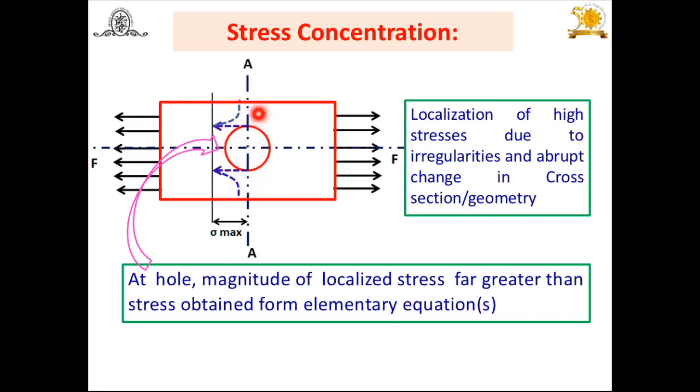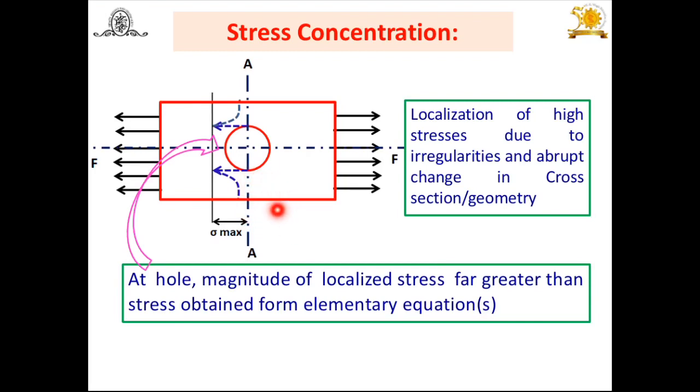If there is no hole, and it has a width W, a length, and some thickness T, then the area we take is W into T. If we find the stress induced in this component, sigma is equal to force F upon area. But by using the elementary equation, the area is W into T only at this cross section. But because of the hole, this area changes, because of this discontinuity.